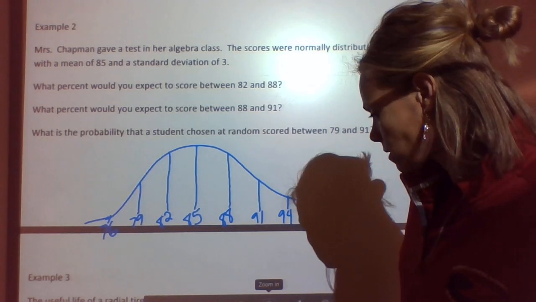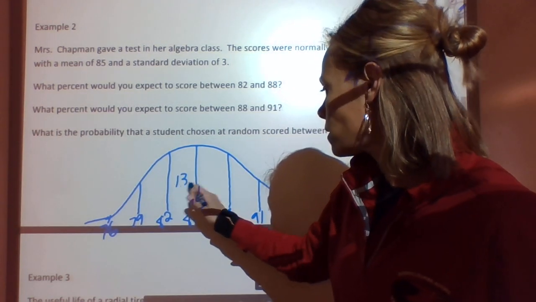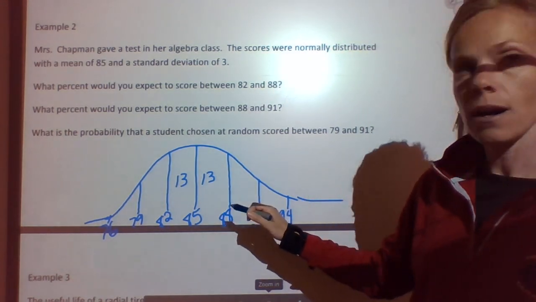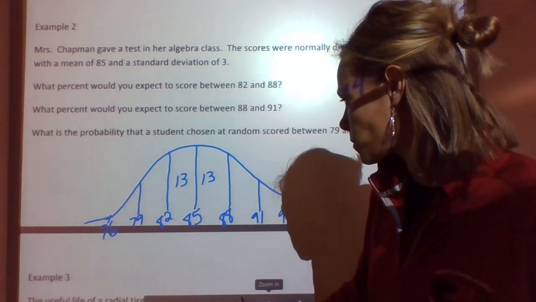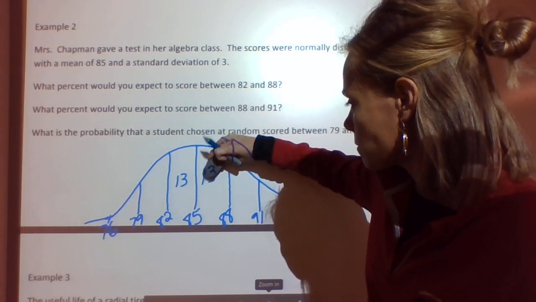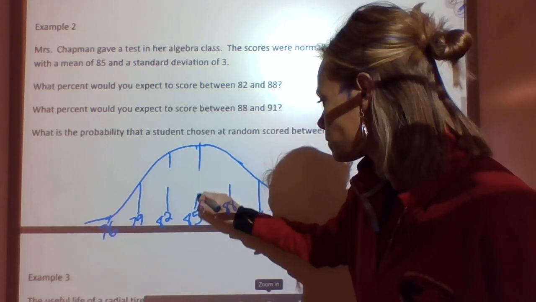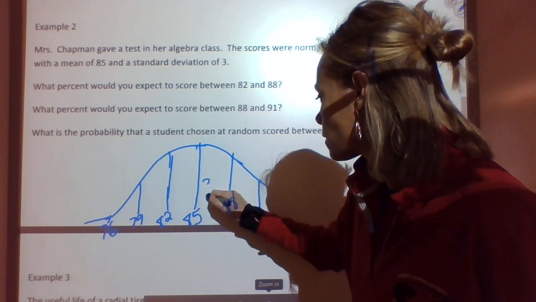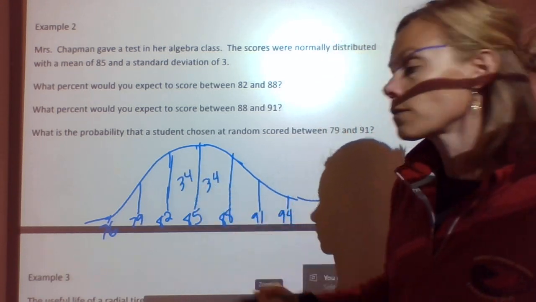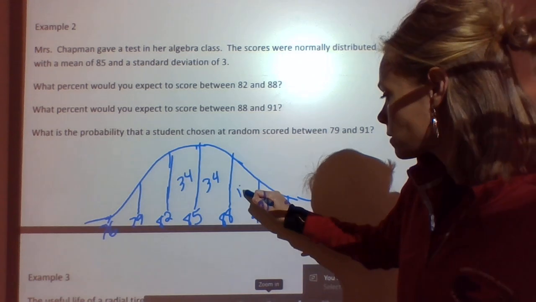Put in my percents. So I know this is 34, this is 34, sorry. The next one is 13.5.